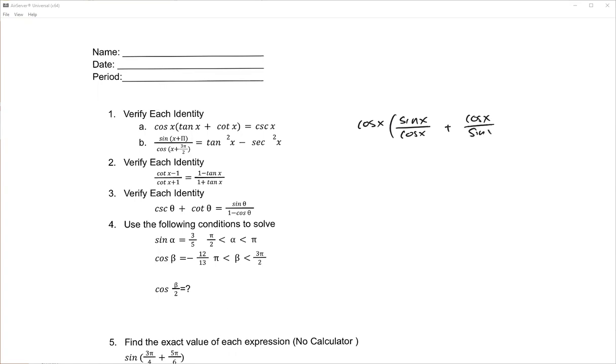Once we do this, we distribute. And what do we get? We get cosine x sine x all over cosine x, plus cosine squared x over sine x.